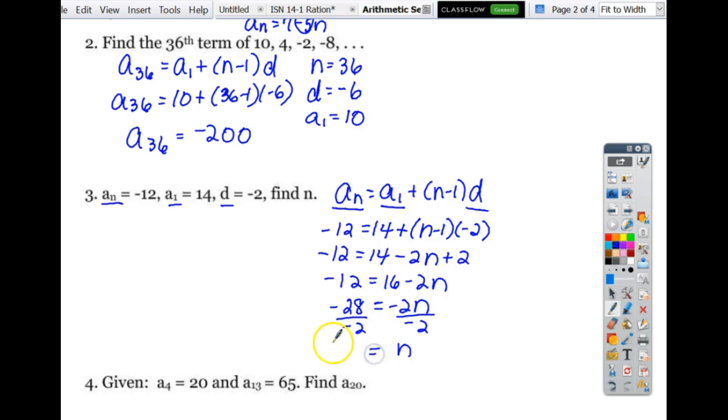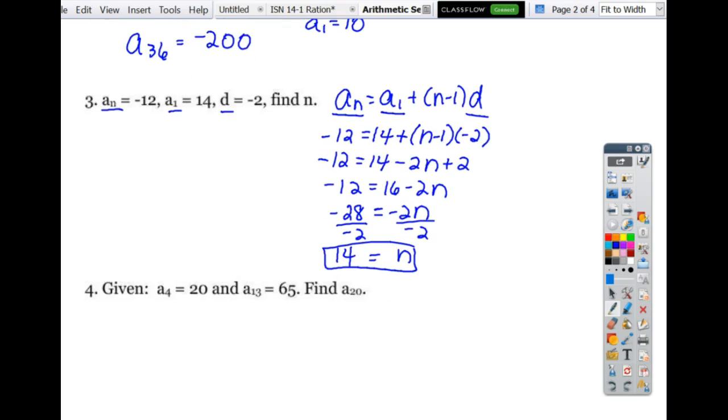I got 14. Because when I subtract 16, it's negative 28.